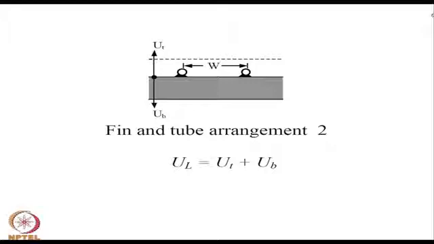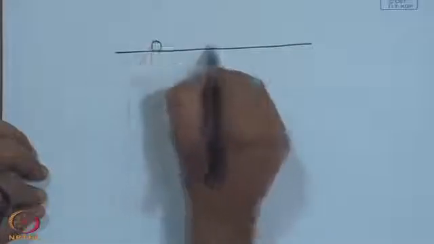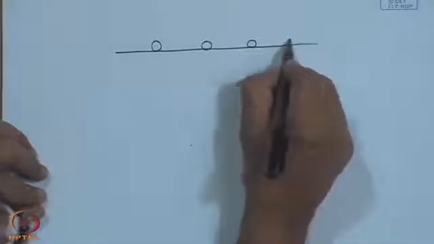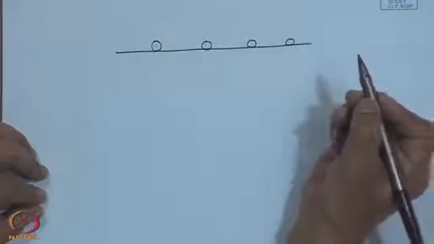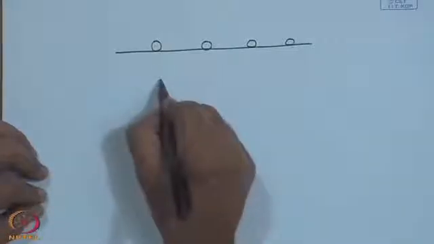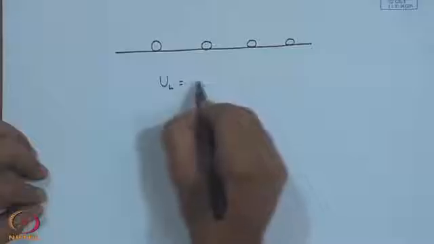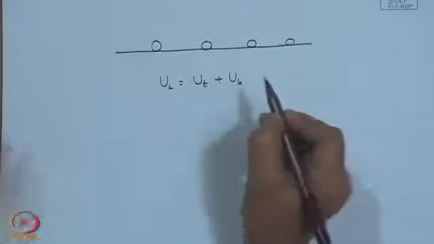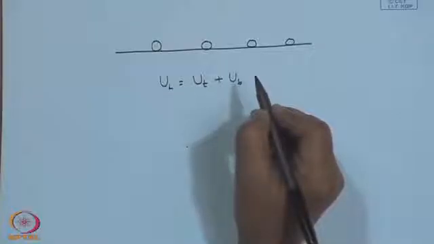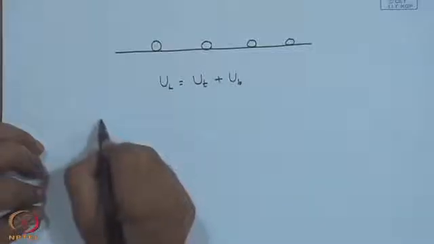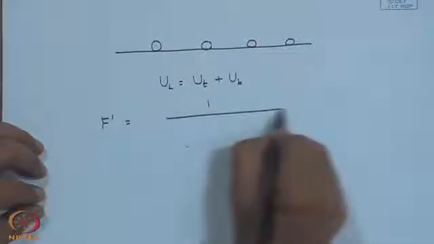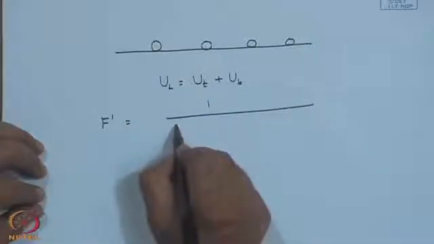And the second arrangement comprises the same absorber tube, but mounted on top of the absorber plate, where again the overall loss coefficient is the summation of the top loss coefficient plus the back loss coefficient. And of course, the expression for the collector efficiency factor slightly differs from that for the previous arrangement.